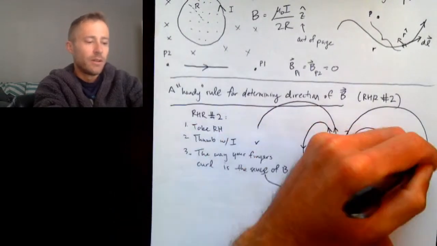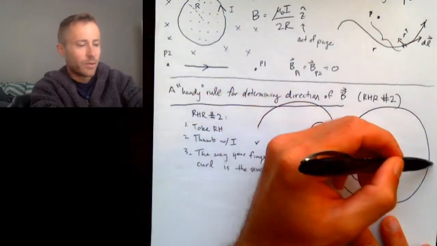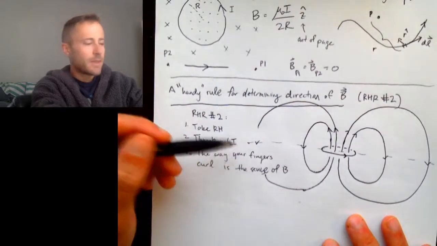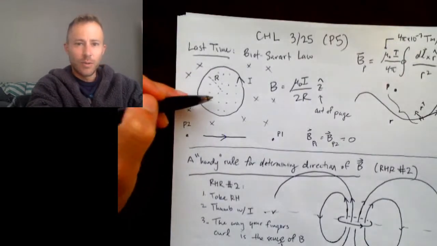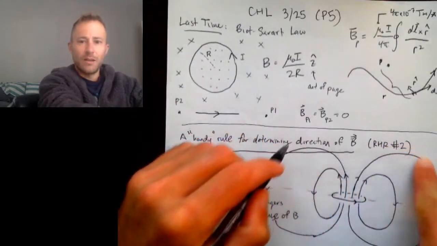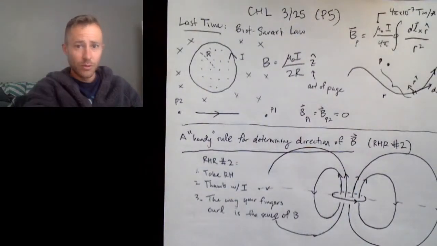Right here. So if we looked at a cross section here, what we would see is that in the loop, the magnetic field points out of the page, and then outside the loop, it has circled back and gone down into the page. Okay, and so that can be seen with right-hand rule number 2.